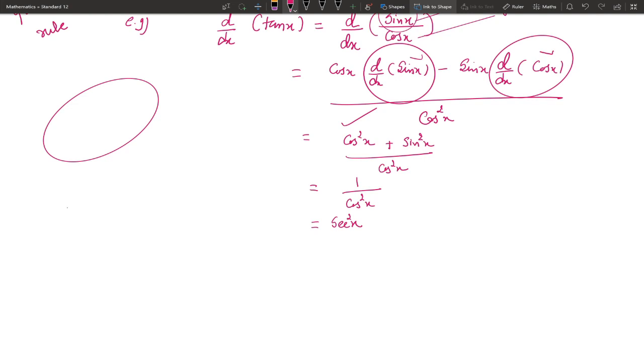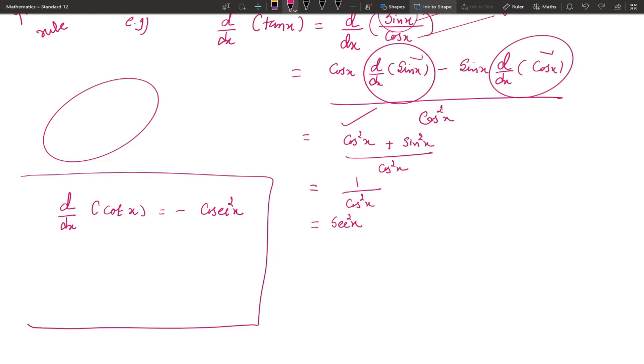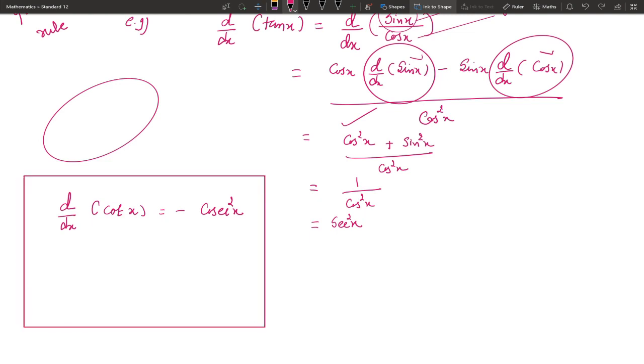Similarly you can try d by dx of cot x, which equals minus cosec square x. You try these three results. First one, d by dx of cot x.